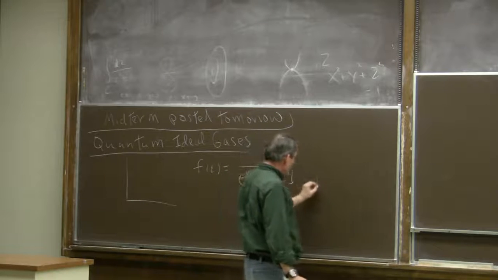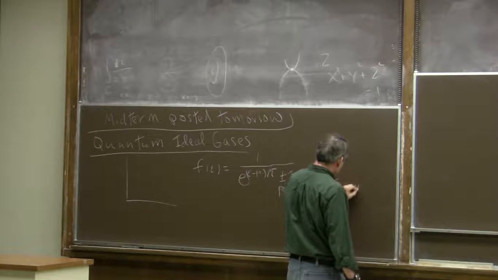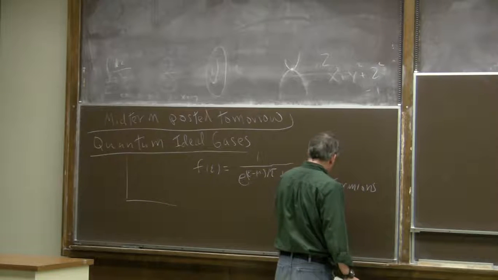This plus or minus sign, that's one of the most important minus signs in physics. It's plus for fermions, minus for bosons.